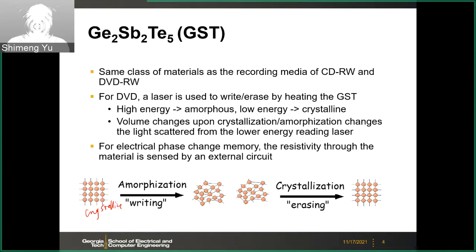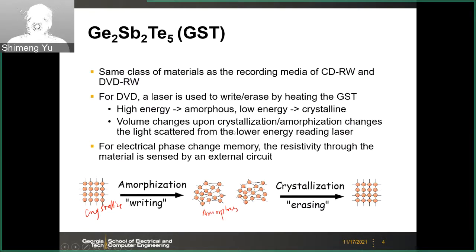And then after the heating, you melt the material, and then if you quickly remove your heat source, then the material will remain in this so-called amorphous state. And then if you gradually heat up the amorphous state again, then the material can be reheated to the crystalline phase. So it's a reversible process, depending on the crystallization and the amorphization changes.